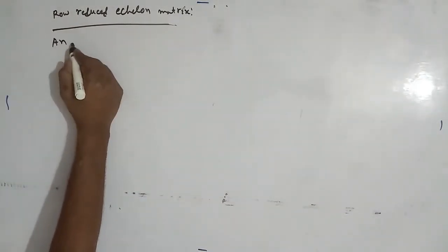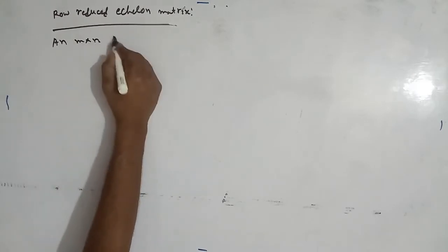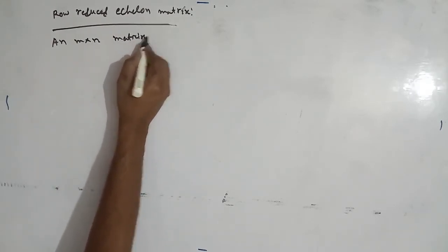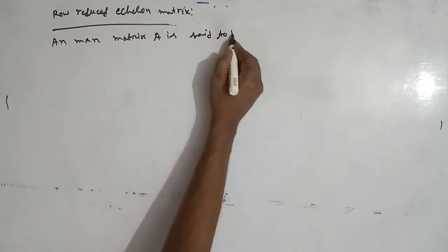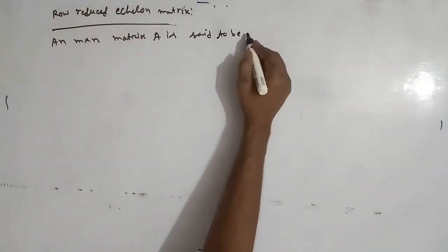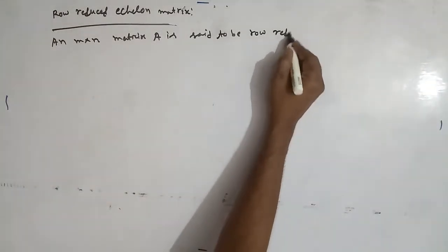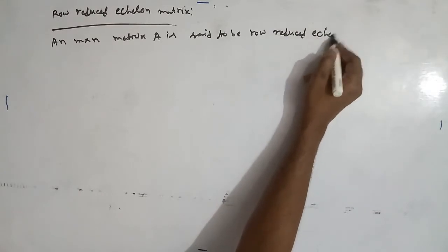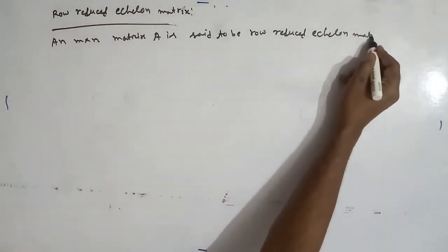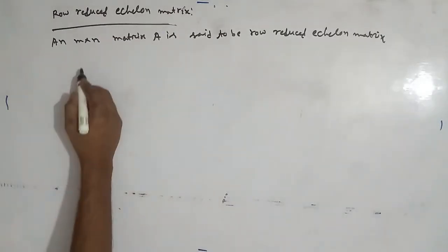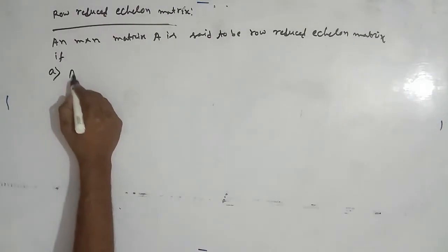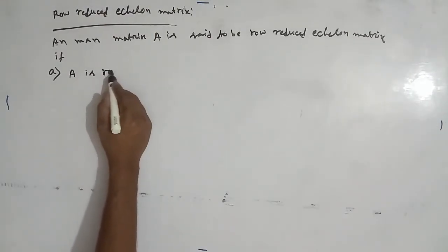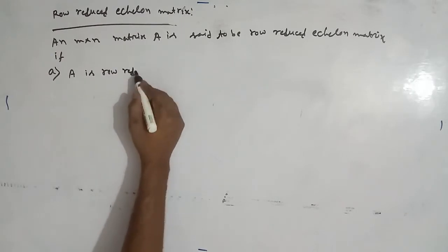An m by n matrix A is said to be a row reduced echelon matrix if the following conditions are satisfied. First condition: A must be row reduced, which I discussed before.